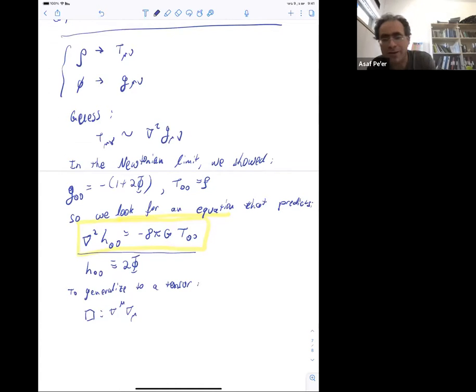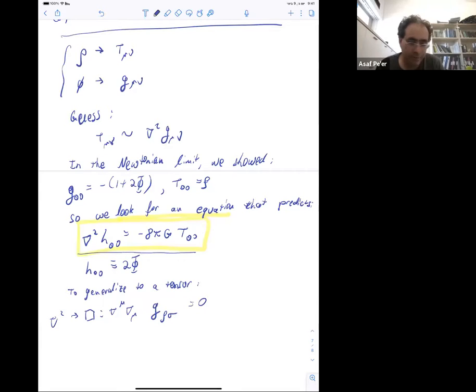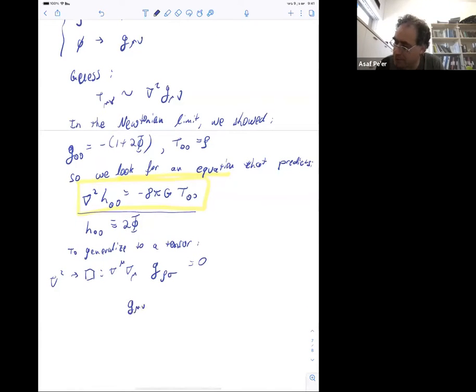That's not going to work. Why is that not going to work? If I try to put it on g sigma, what am I going to get? Zero. Exactly. Because the metric is covariantly constant, so I cannot simply put the metric on the left-hand side.